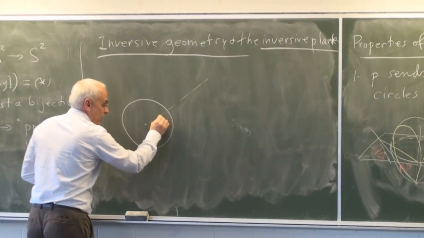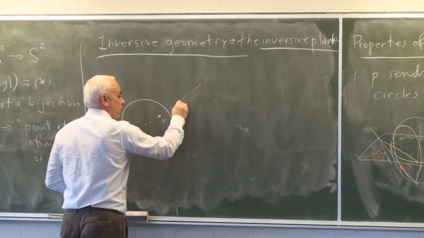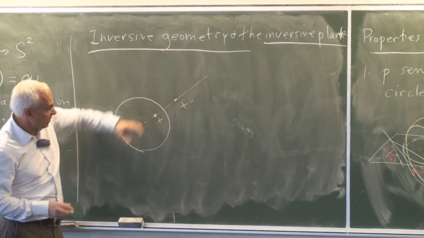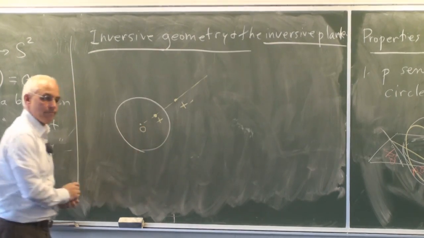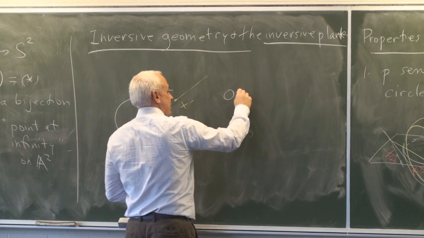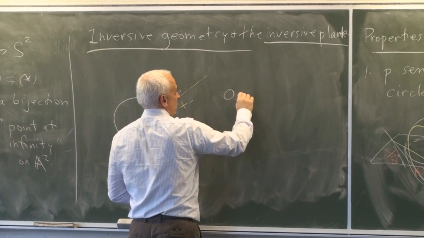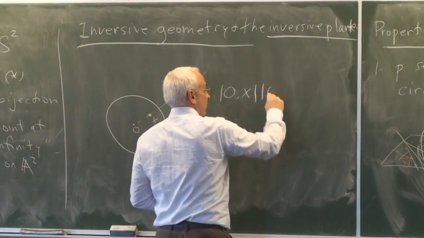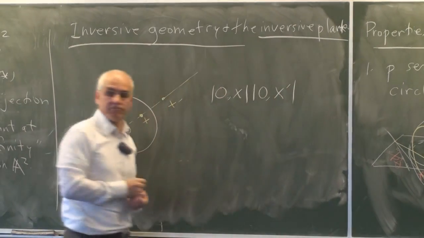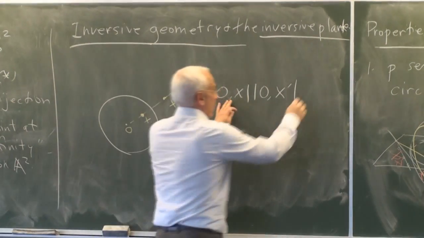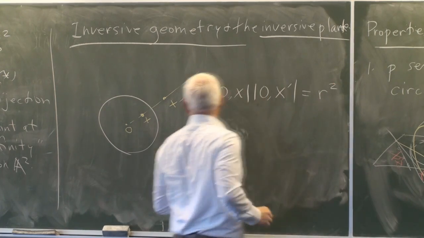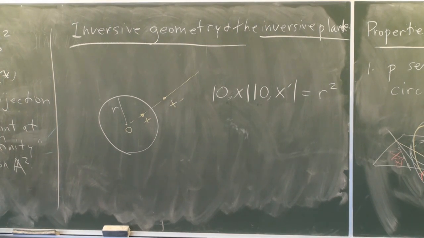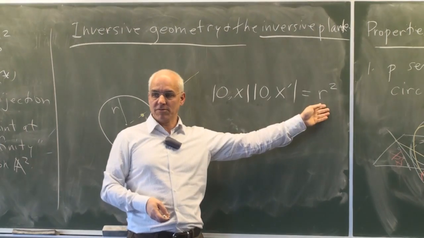Then if you have point x inside here, its image will be the point x prime outside here, which has the property that the length between O and x times the length between O and x prime is the radius of the circle squared. That's in terms of lengths. If you want it in terms of quadrances, you just square this relation.